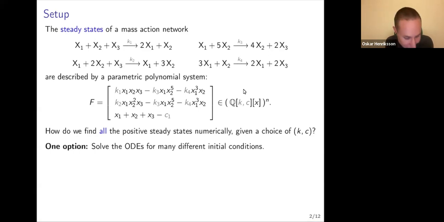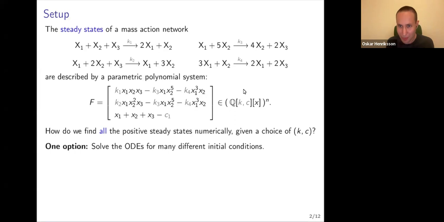Maybe those are the most important ones from an applied point of view, but I would argue that the unstable ones are also interesting because they paint a picture of the overall dynamics of the system. So having a grasp of also the unstable ones would be nice, and you can't see them by just solving the ODE. And also you would have to do a lot of different initializations, and there would be no way of knowing when you're done, when you have found all positive steady states.